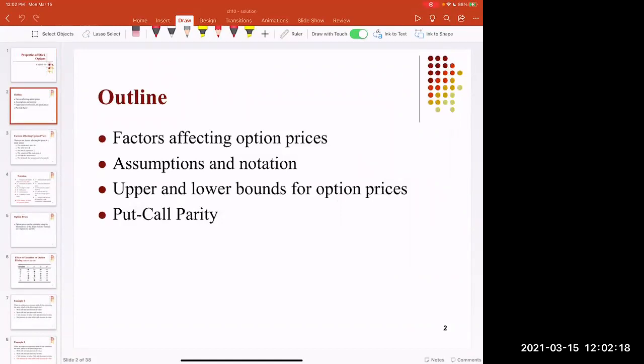The topics we're going to cover in this chapter include, for example, factors affecting option price, and then assumptions and notation. Also, a very important issue for this chapter is the upper and lower bounds for option price. For this topic, we're going to talk about arbitrage opportunity.